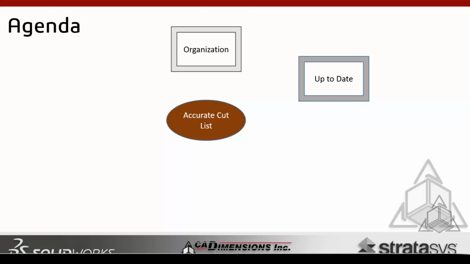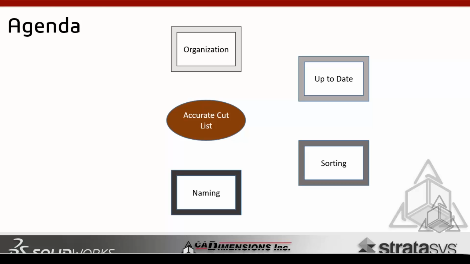So we're going to talk about organization, how to keep them up to date and what options are related to that. The sorting, when I say sorting, I'm talking about some of the automation that's built in to organize and sort by like members. We're going to talk about naming conventions, how it gets that information and what we can do to help that.